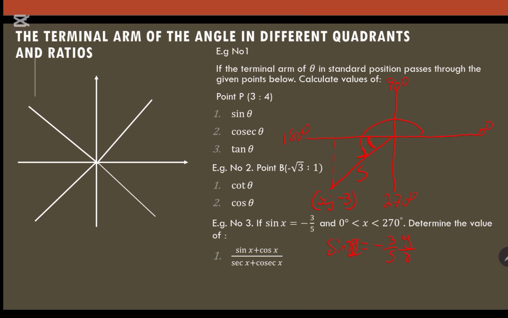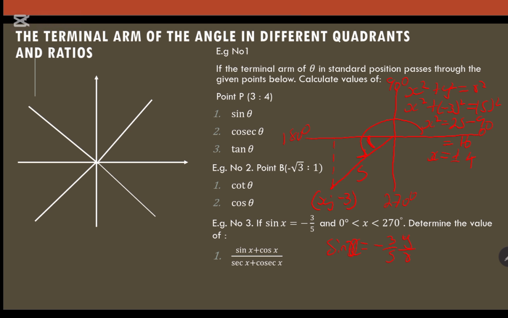So x squared plus y squared is equal to r squared. y is -3 squared, and r is 5 squared. So x squared is 25 minus 9, which is 16. Therefore, x is equal to ±4.